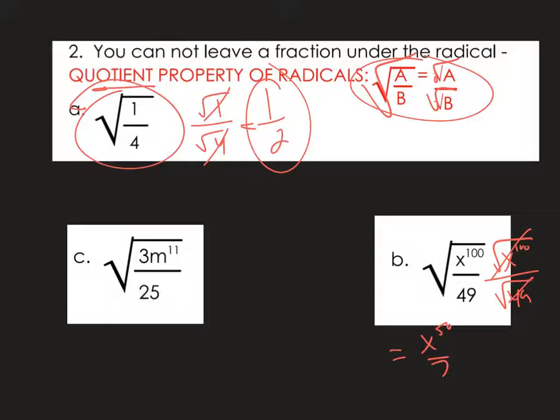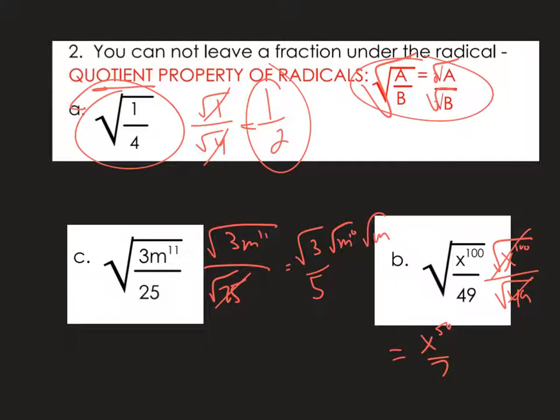And lastly, over here, you have the square root of 25 in the denominator, and on the top, the square root of 3m to the 11th. On the bottom we have a nice perfect square, but on the top we're going to have to break that apart into several radicals. We're going to have the square root of 3, the square root of m to the 10th, and the square root of m.